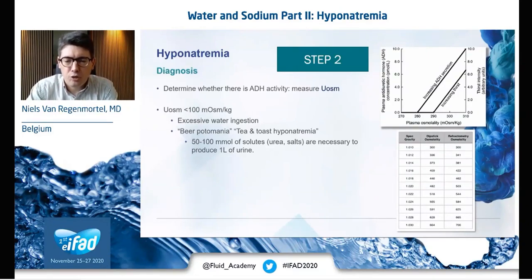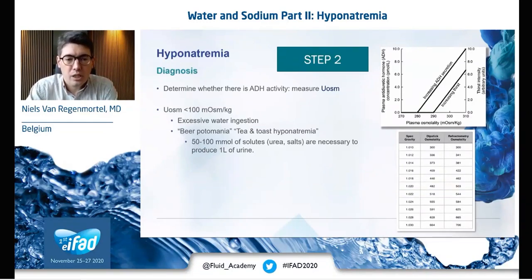The only difference with pure polydipsic hyponatremia is that now these patients do not ingest enough solutes to be able to produce lots of urine. So when a perfectly normal person ingests large amounts of free water, he will be able to dilute urine maximally, and he will be able to produce 10, 12 liters of urine before hyponatremia will ensue.